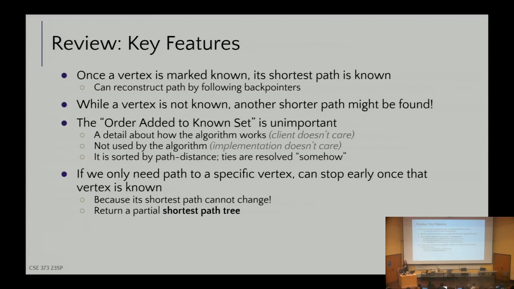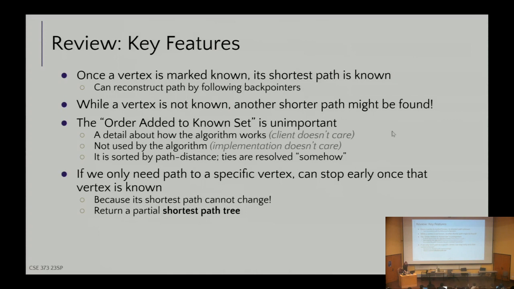We're always going to the next closest. Even in that scenario, we're guaranteed by the time we get to something and mark it as known, that is guaranteed to be the shortest path. So while it's not known, a shortest path may be found, but once it's marked known, it is guaranteed.